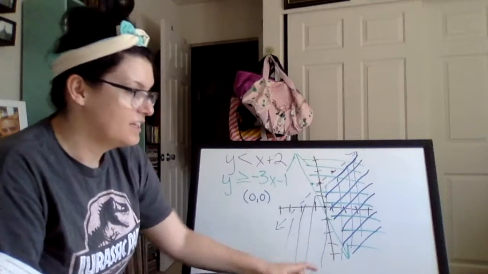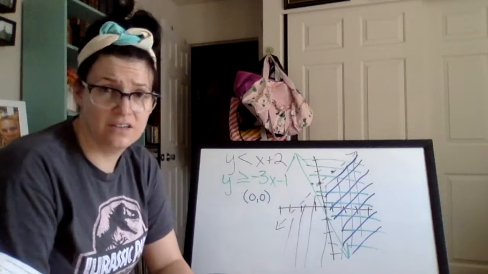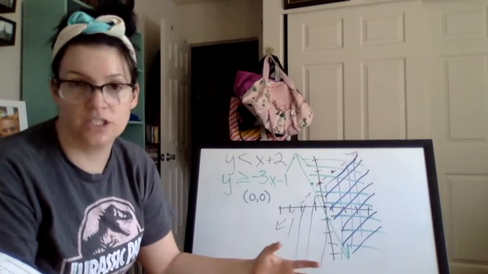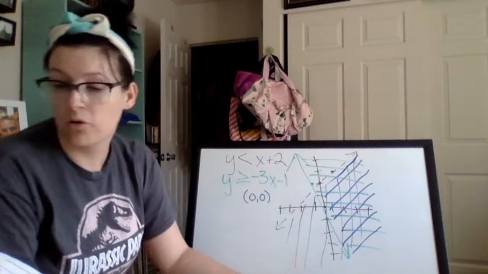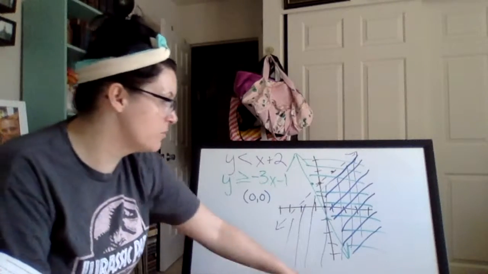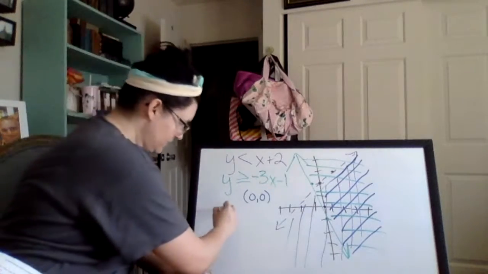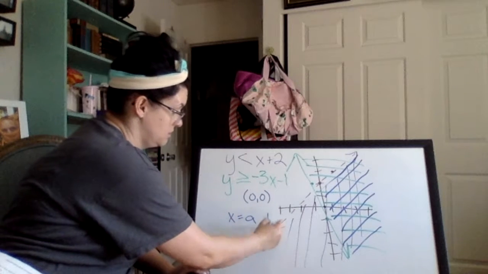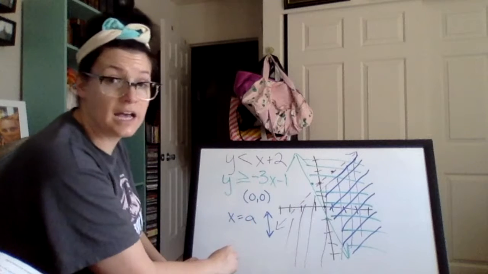Okay, I think that's all you're going to need for 3-3, because this is just doing 2 at the same time or more, but they won't be very difficult. Just remember that if you have an equation that looks like this, that's a vertical line.